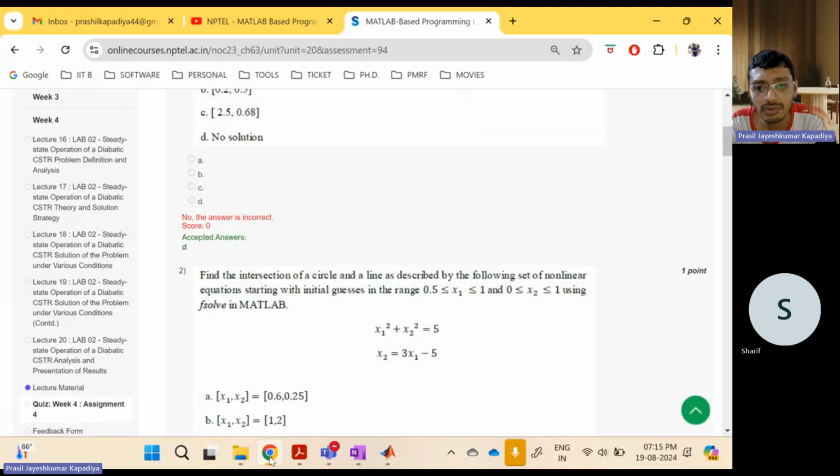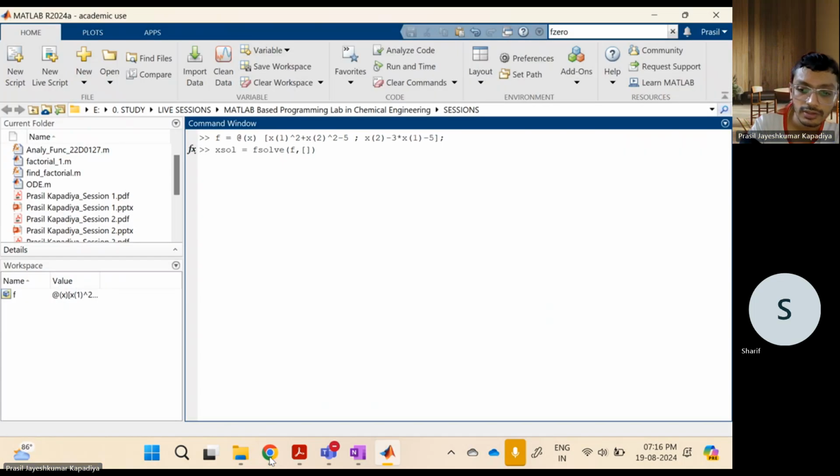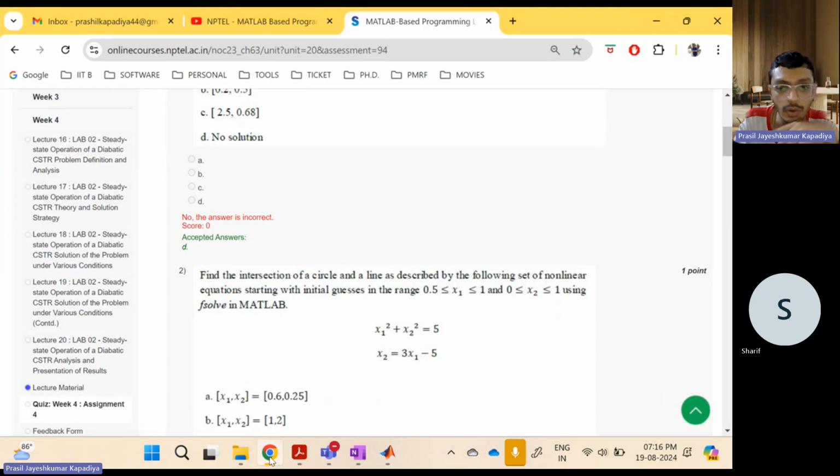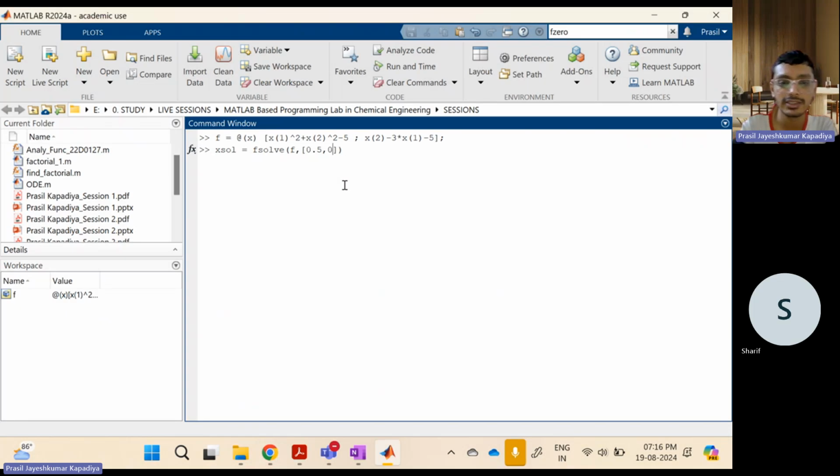My initial guess is x1 should be from 0.5 to 1 and x2 should be from 0 to 1. So let's find one common point, that is 0.5. Let's take 0.5 for x1, 0.5 for x2. We can even do that. Let's take 0 and I will press enter.